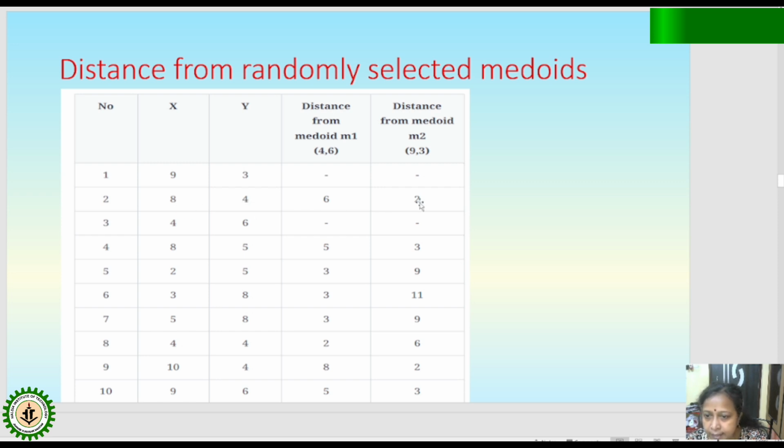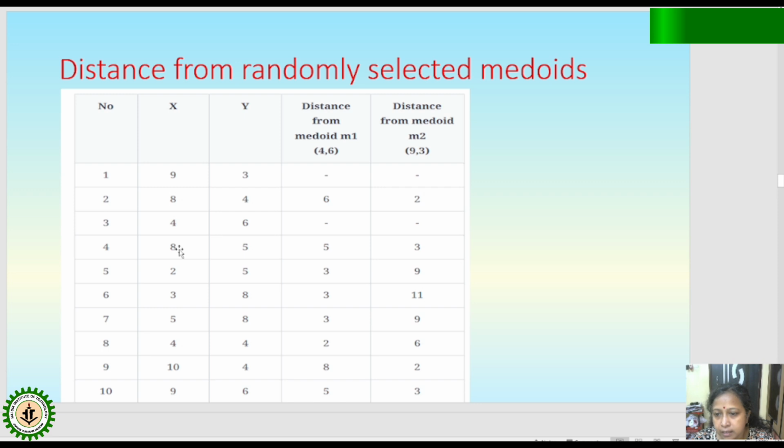From the table we can conclude that the data point 8,4 is very close to the medoid 9,3. So assign this data point 8,4 to this medoid, which we have named cluster M2.